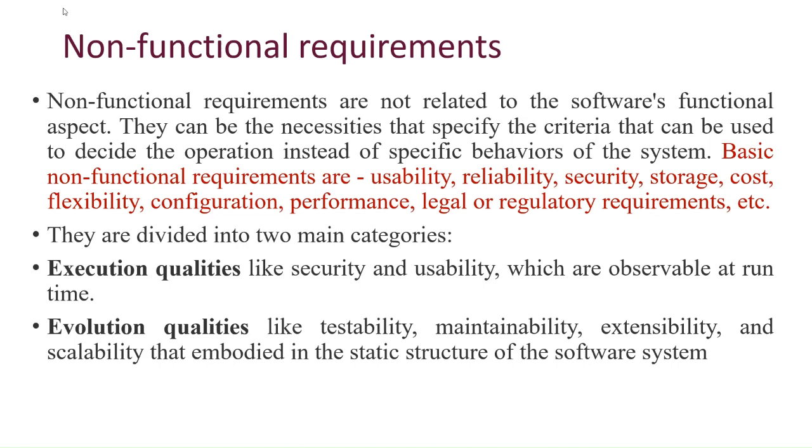These are static in nature. Execution qualities are dynamic, and evolution qualities are static. Testability means we run and test the code to check whether all the functionalities are working properly or not. Maintainability means we maintain the code and deliver it to the customer in time. These are the execution qualities and the evolution qualities.